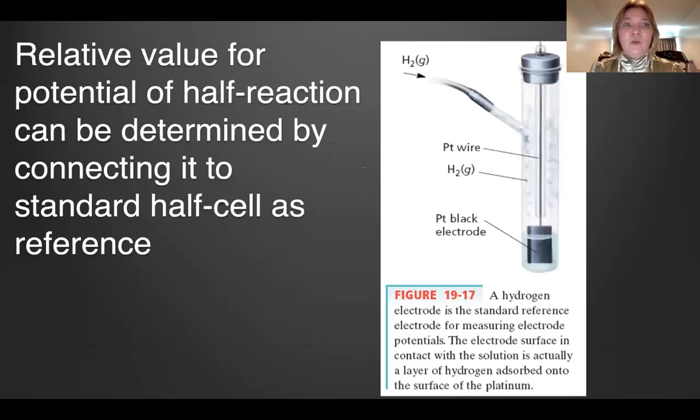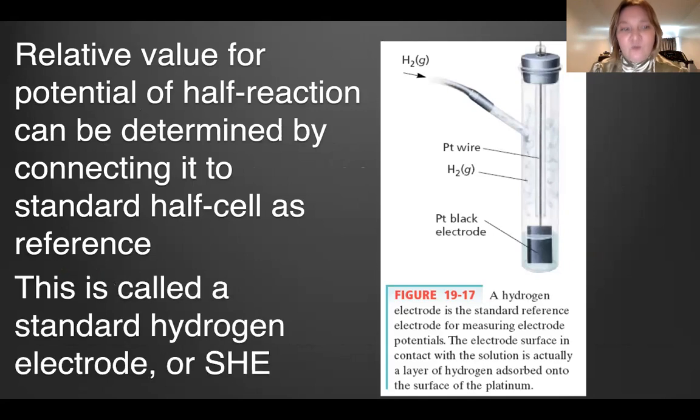So a relative value for potential of a half reaction can be determined by connecting it to a standard half cell as a reference. This is called a standard hydrogen electrode, or SHE.